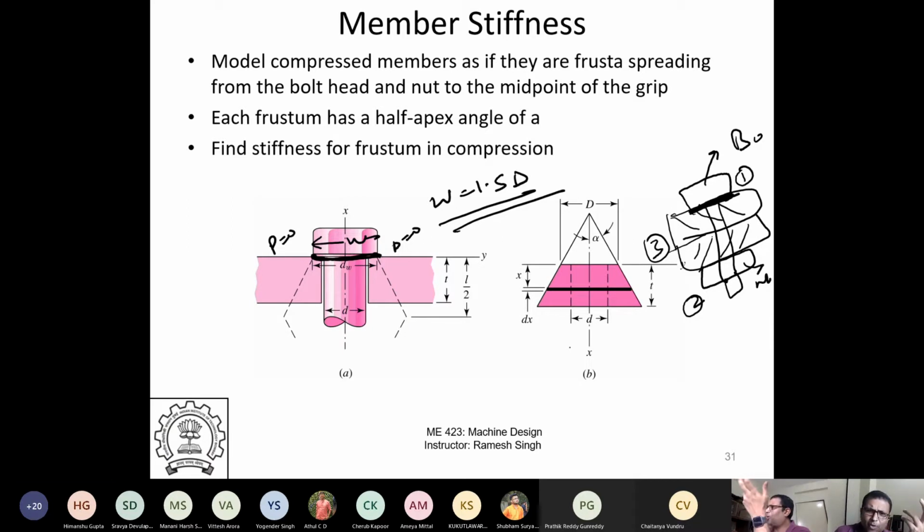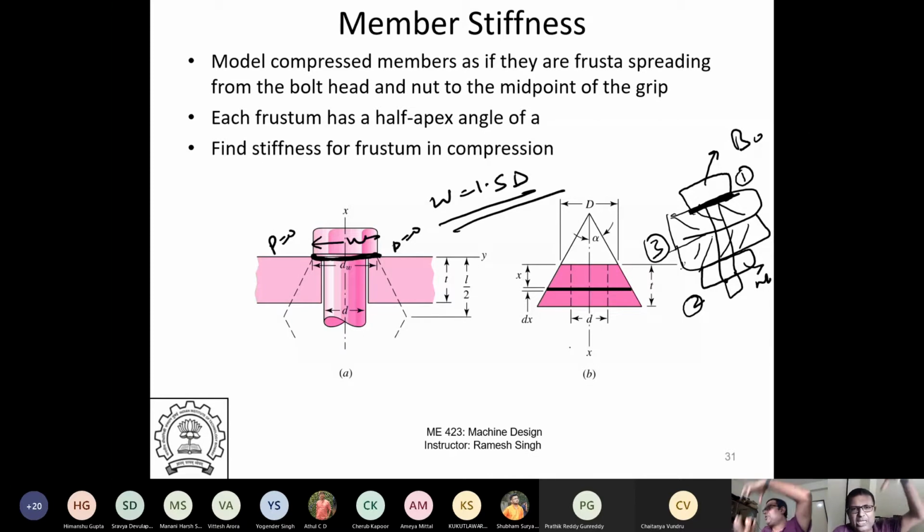Near the nut or near the bolt head, right? Or only near the nut? Isn't the bolt head also compressing the material as much as the nut? So there are two answers which people are giving. At the top, near the head, or near the nut. Right? In an ideal world, they should be the same, right?